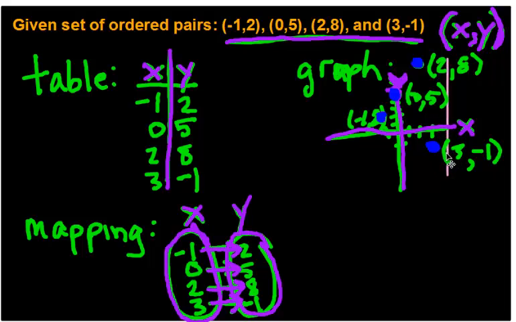As you can see, as I drag this vertical line over the graph, there is never such a point in this situation. When none of the x's repeat, this is when we have a function.